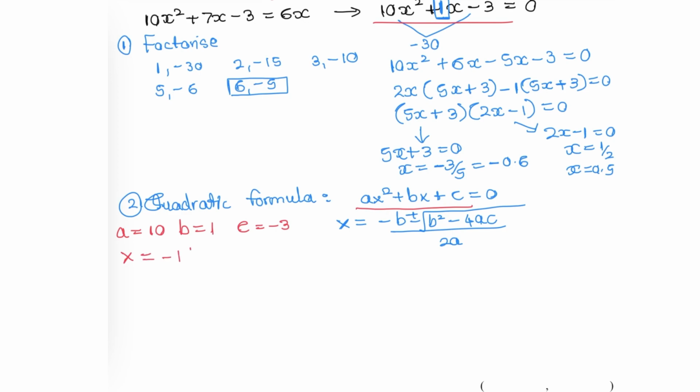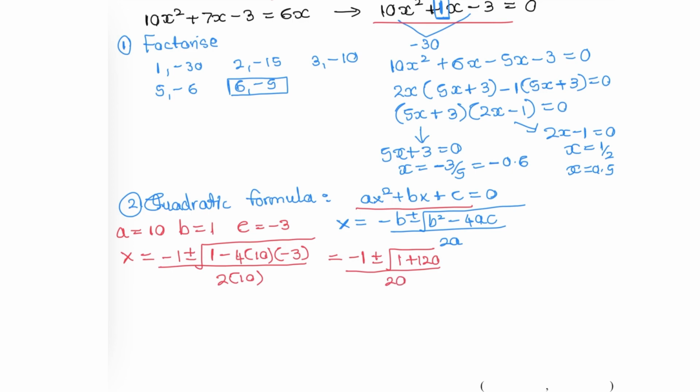So minus 1 plus minus square root of 1 minus 4, 10, negative 3, all over 2 times 10, right? So going forward, this will then be minus 1 plus minus, it's going to be 1 plus 120 over 20, and this then goes to minus 1 plus minus square root of 121, which I can just take as 11, over 20.